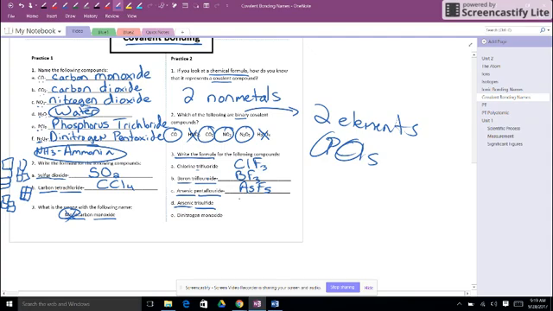Arsenic trisulfide, so we got As, and then sulfide. I don't know if I should be allowed to write this one out. We'll just say little s, big S3. I probably shouldn't write that word out. Okay, dinitrogen monoxide. So that prefix di refers to 2, so we get N2, monoxide O. Okay, I hope this helps.